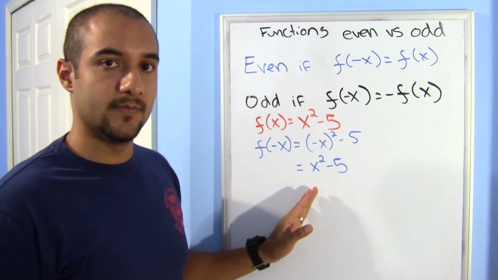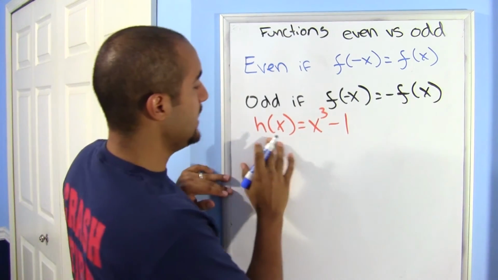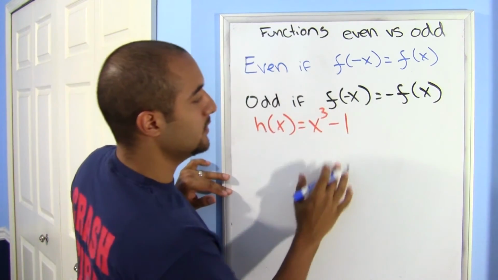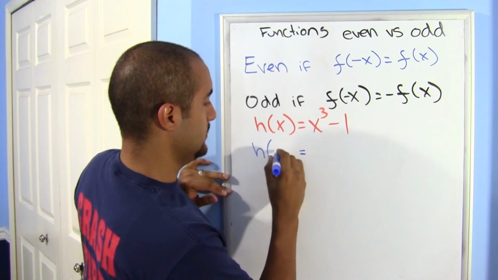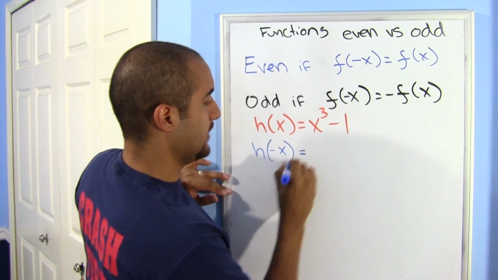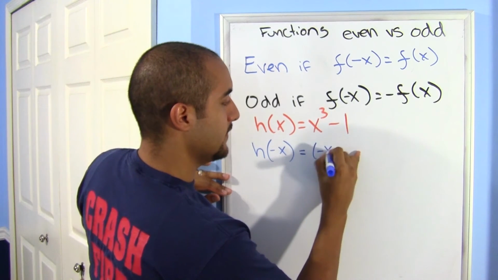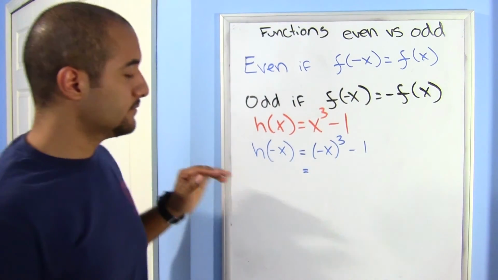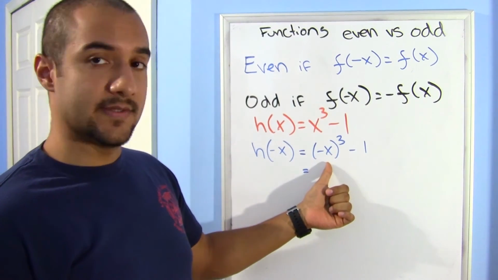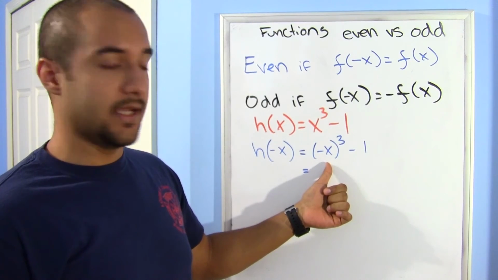Let's try another one. Here I'm given h of x is equal to x cubed minus 1. So I'll be putting in h of negative x, so negative x cubed minus 1. Now here, if something is negative, it's going to stay negative. Why?